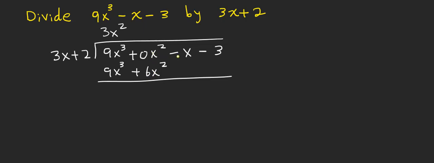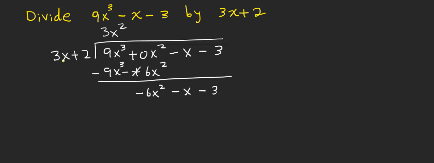If we didn't put that, negative x would have had to be lined up with the 6x squared, so it would have been a little bit confusing. Now we have to subtract, so that's like adding the opposite. So let's change the signs. Positive becomes negative, positive becomes negative. Add them up, that cancels out. You will get negative 6x squared minus x minus 3.